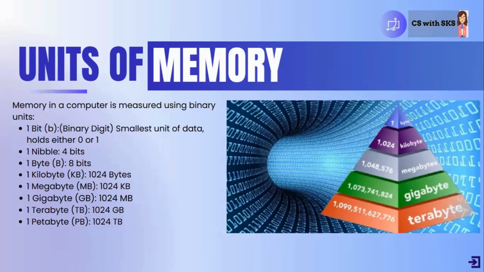Next is 1 KB, which is equivalent to 1024 bytes. Next unit of memory is megabyte, which is equivalent to 1024 KBs. Next is gigabyte, which is equivalent to 1024 MBs. Terabyte is equivalent to 1024 GB, and petabyte is equivalent to 1024 TBs.